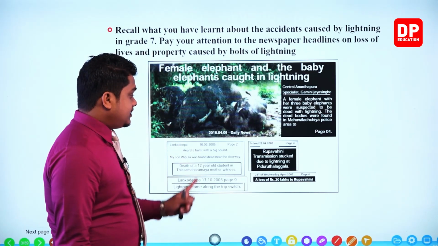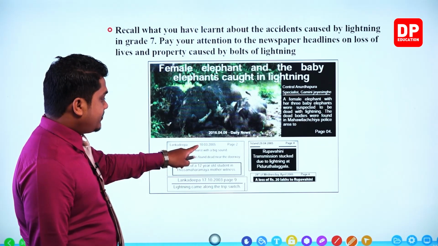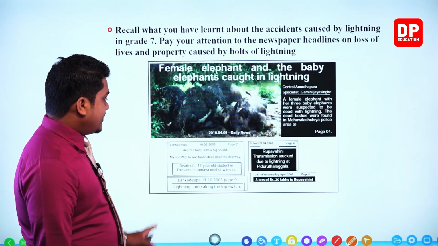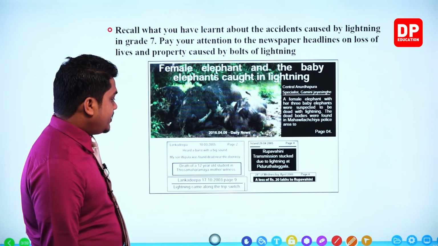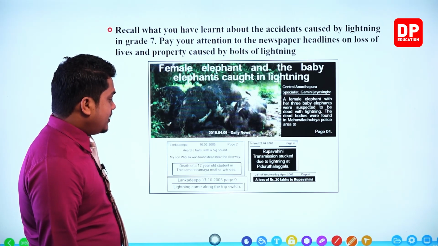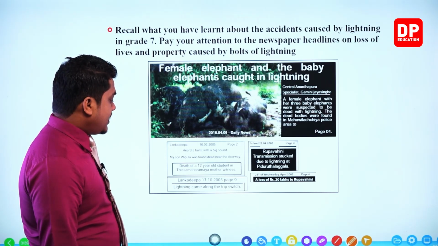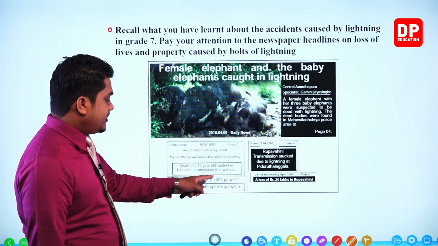Then let's see another one here. 2005, right, 10/3/2005, let's see. Heard a burst with a big sound. My son Vipula was found dead near the doorway. So death of a 12-year-old student in Tissamaharamaya, mother witness. Lightning came along with the trip switch. Another one is given here. 17/10/2003.